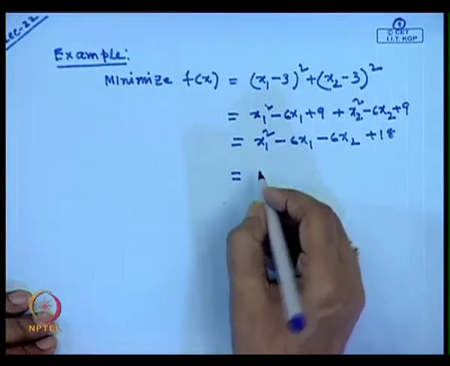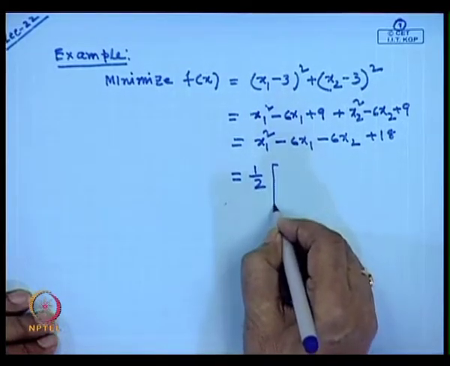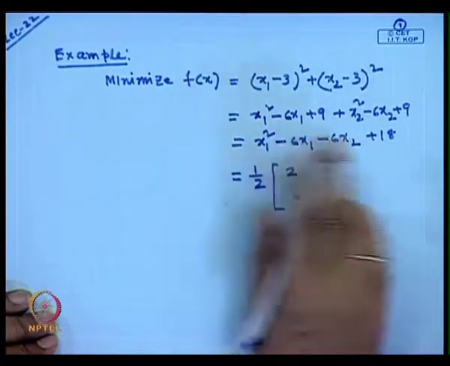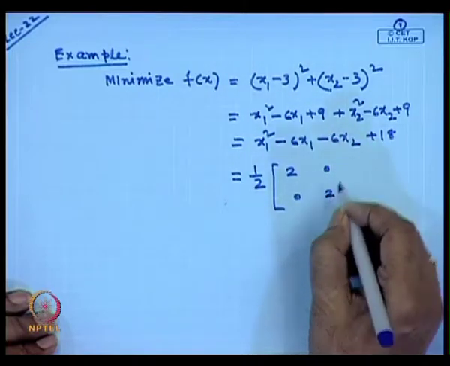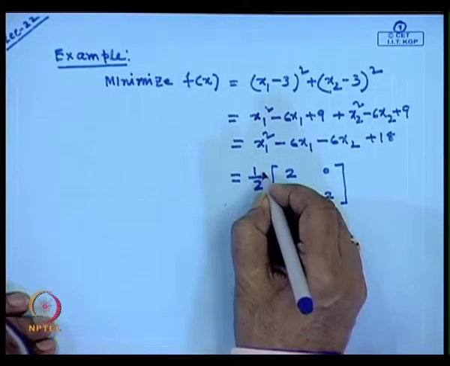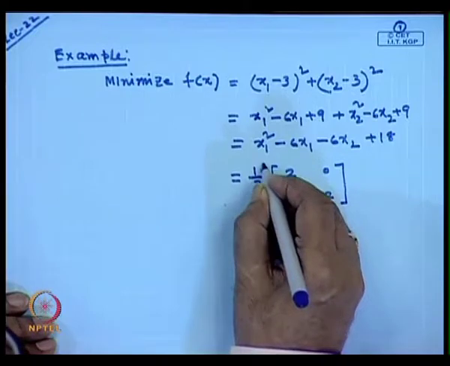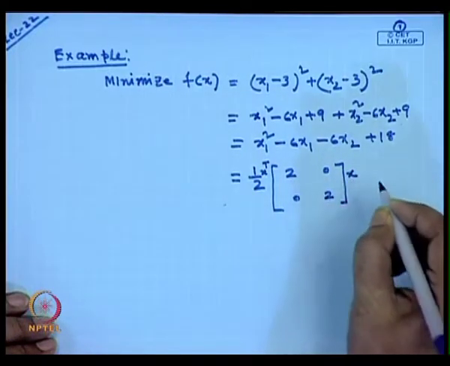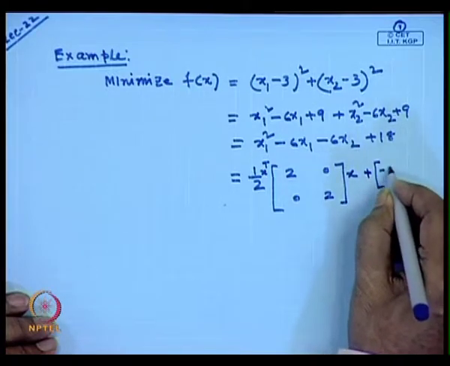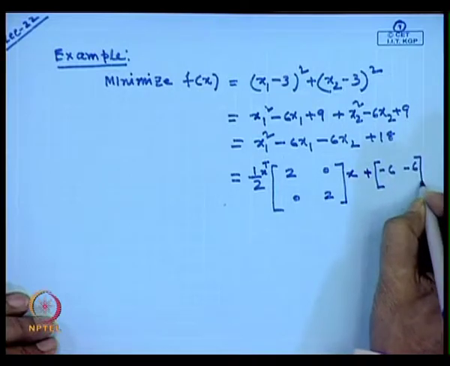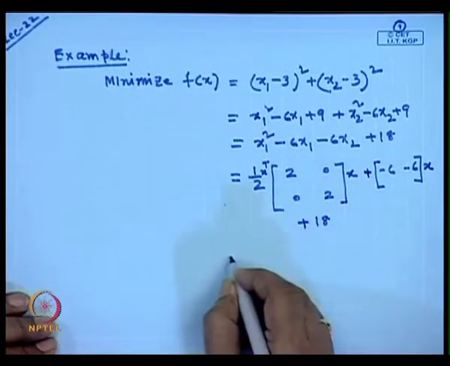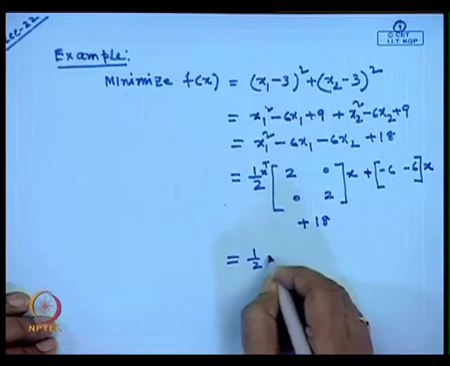I can write it as half x transpose times the matrix [2 0; 0 2], there is no cross product term of x1 and x2, multiplied by x, plus minus 6 into x, plus 18.